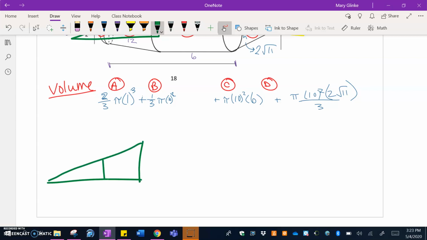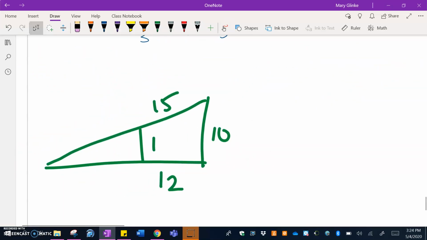Okay. So we had a radius of 1 and a radius of 10. We had the height being 12. And we had this slant part here being 15, and we didn't know the other two parts. And so we are going to go ahead and solve for a missing portion here. We'll call this one x and maybe this one y. We can set up proportions now.